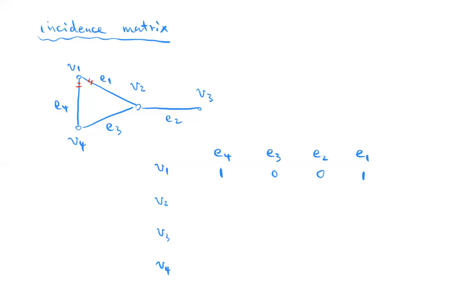Now V2 covers E1, E2, E3. And V3 covers E1 only. V4 covers E3 and E4. All right. So that's called the incidence matrix.